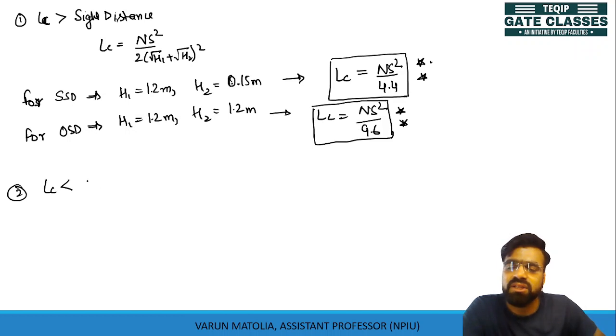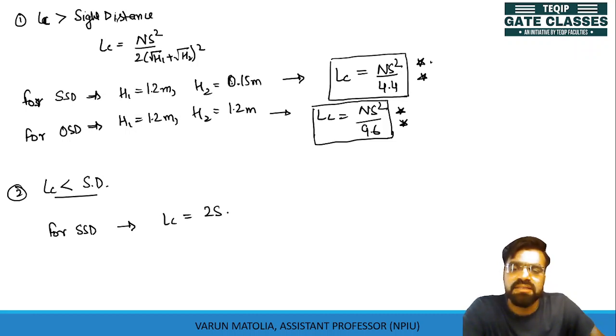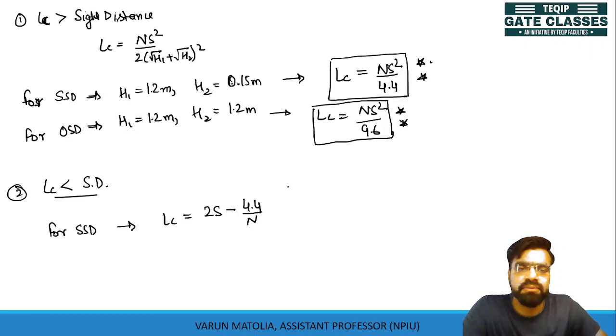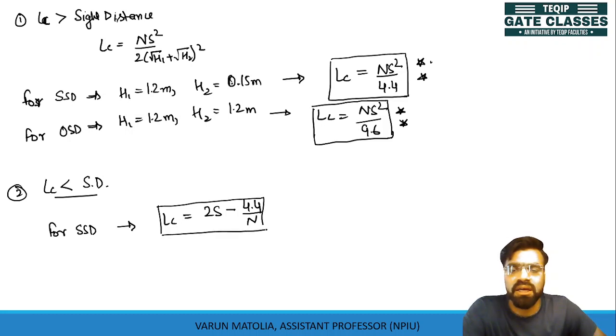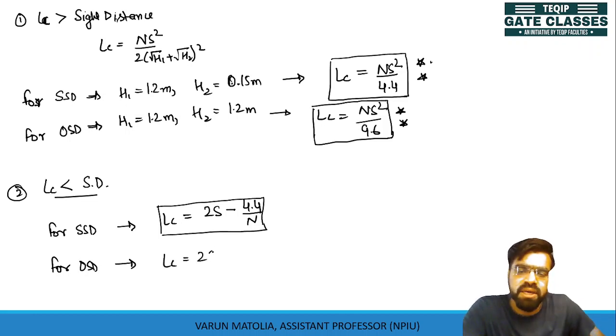Now the second condition, when length of curve is less than your sight distance. For this condition, for SSD, your equation for length of curve will be 2s minus 4.4 by n, and for OSD it will be 2s minus 9.6 by n.